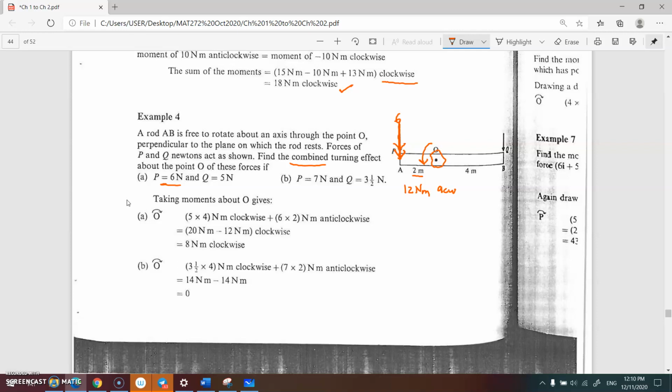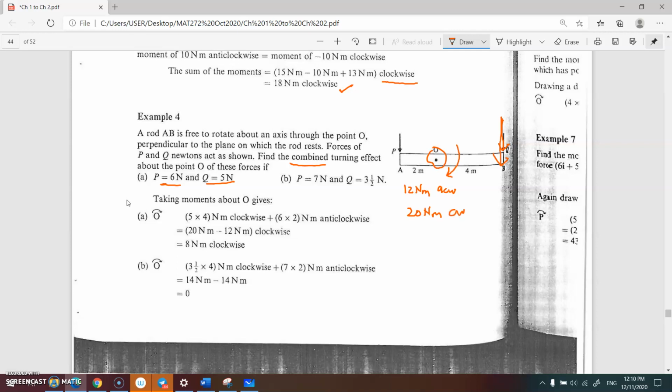And then we look at Q. The force is 5, the distance is 4, so you get 20 Newton meter. And then how about the rotation? If you push here, it will become clockwise.